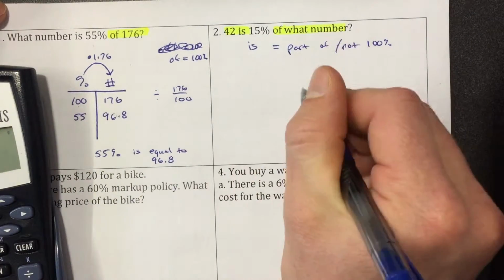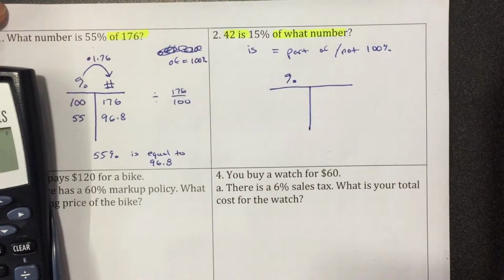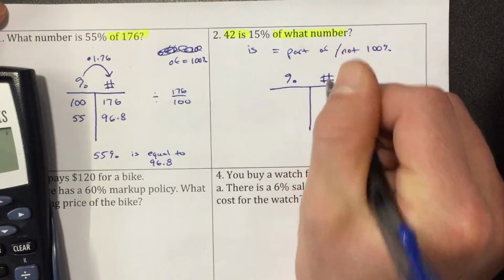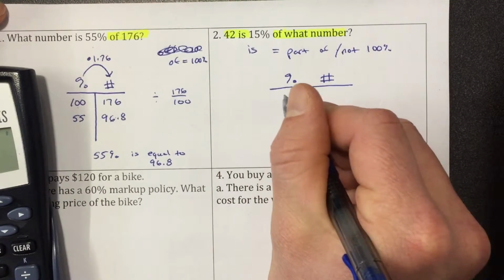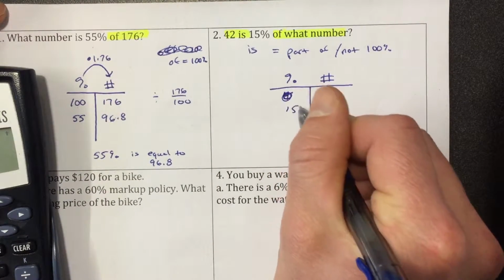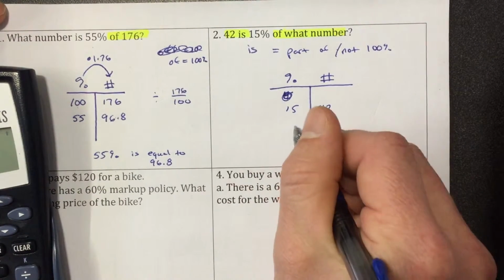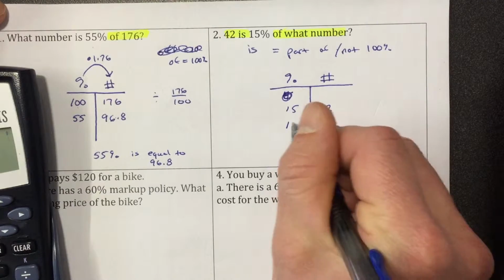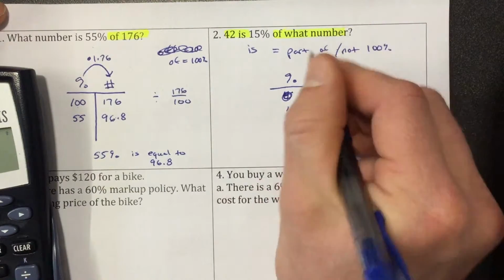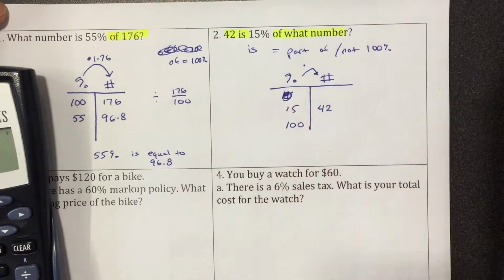So let's go ahead and solve this one with the T-chart. Make your T-chart, your percentages on one side, your numbers over here on the other side. 15% is the same as 42. And we don't know what 100% is. So we've got to figure out what's the constant of proportionality again. What do we multiply to go from here to here?